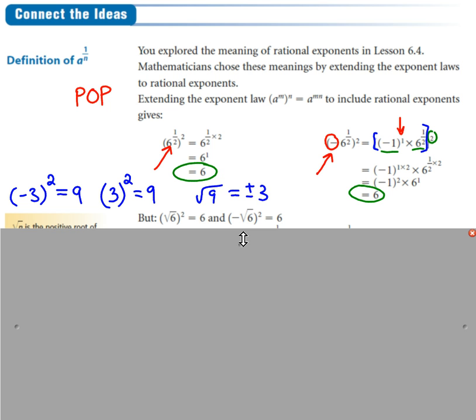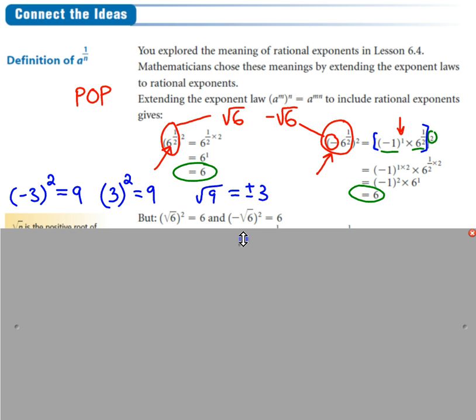And so we could have replaced what was in brackets there with positive root 6 or negative root 6. Both of them, when squared, would give back 6.